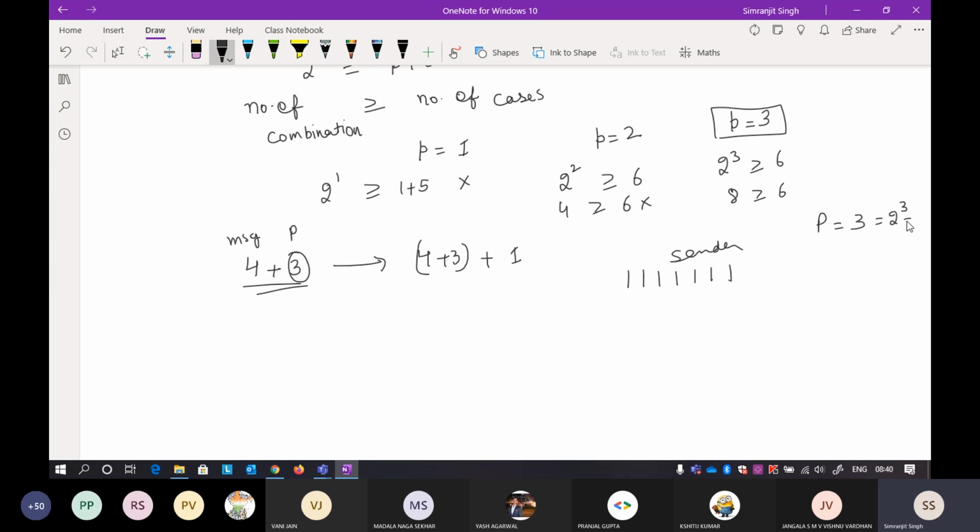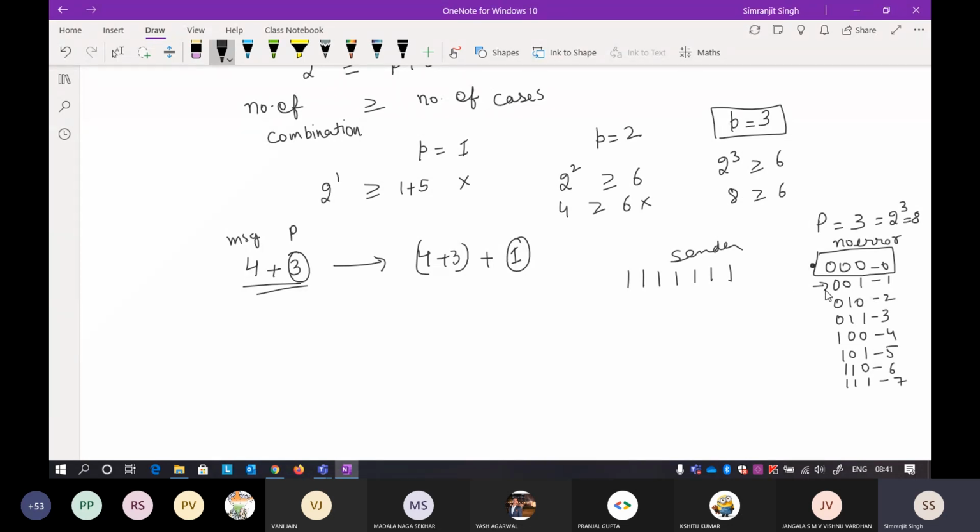It is 2 raised to power 3, which is 8 combinations, and these 8 combinations will be 0 0 0, 0 0 1, 0 1 0, 0 1 1, and so on, so this is 0 1 2 3 4 5 6 and 7. This first pattern indicates that there is no error.